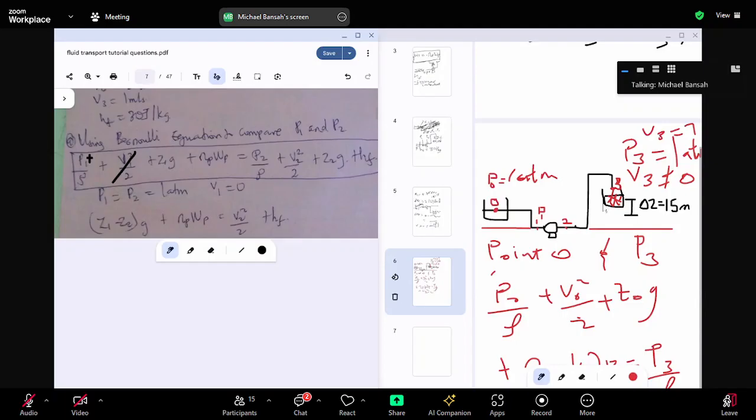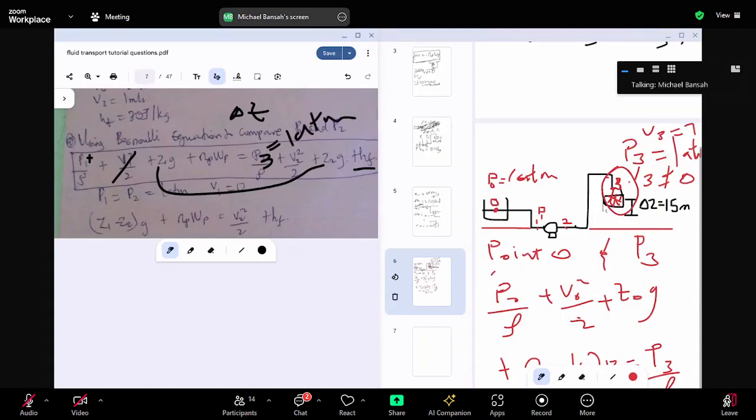They gave me change in Z. So what I will do is to rearrange this such that I will get change in Z. Bring everything to the left-hand side and get change in Z. And that is 15. So it means I know the value for Z1 and Z2 because I've combined the two to get change in Z. HF has been given. Is that fine? P2, which is in our question P3, is also discharged to the atmosphere, so 1 atm. So if here was P3, I'll have gotten 1 atm.